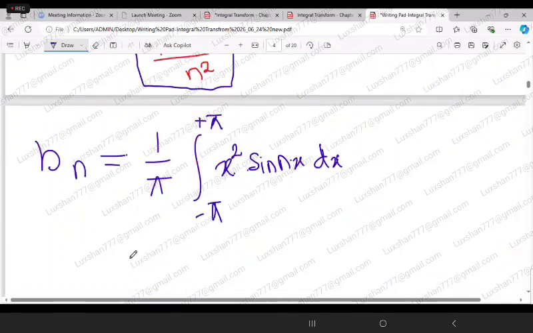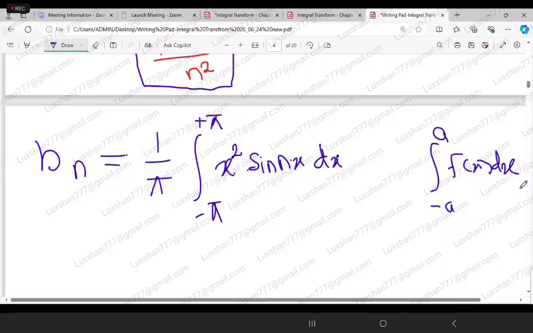So, can you tell me the answer of this one? You don't need much calculation this time. Actually, x squared is an even function. Sine nx is an odd function. So ultimately, this is an odd function. So what is the integration of an odd function from minus a to a of f(x) dx?